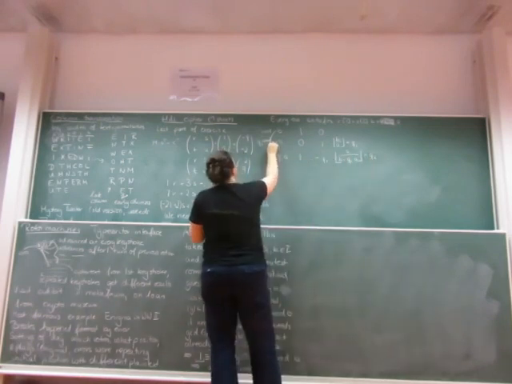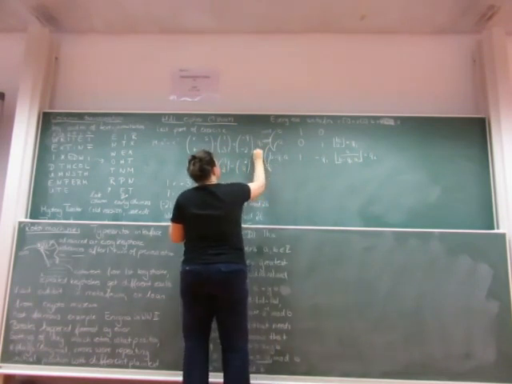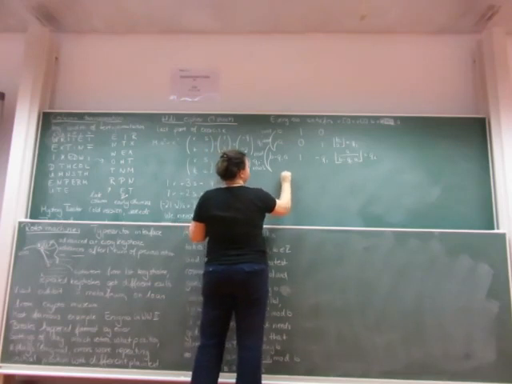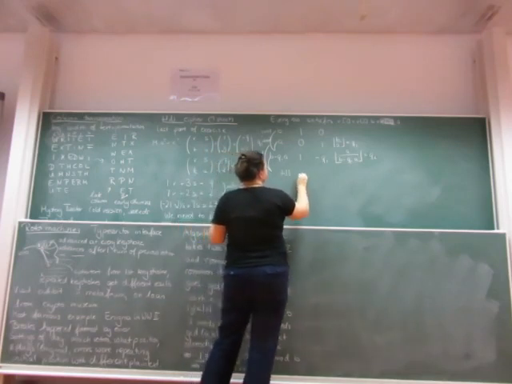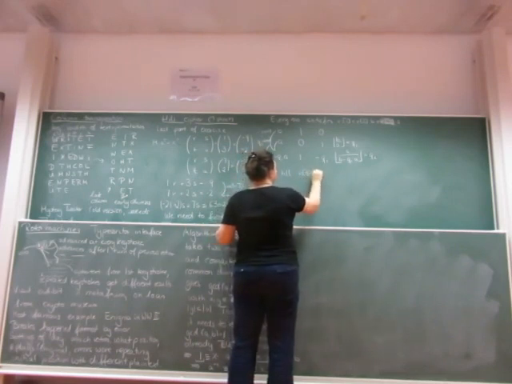And then we do the same. So what we get here is row 2 minus q2 times row 3. And we do this till R1 is 1.